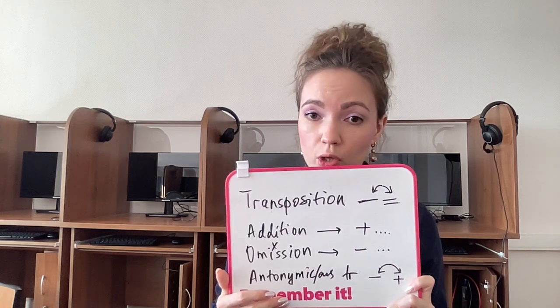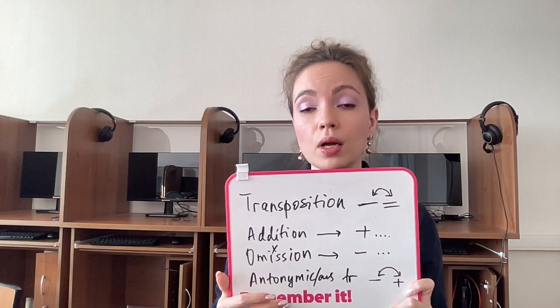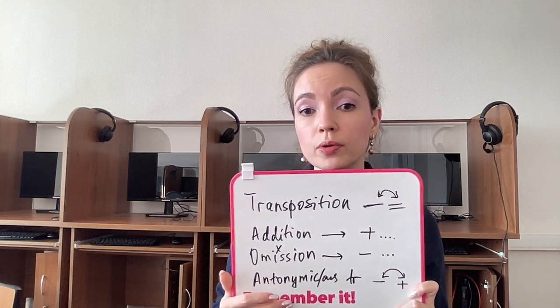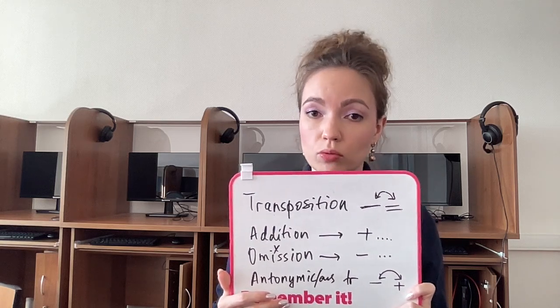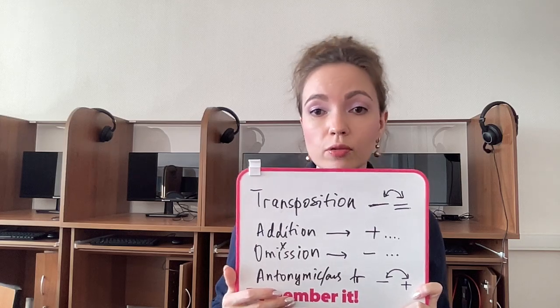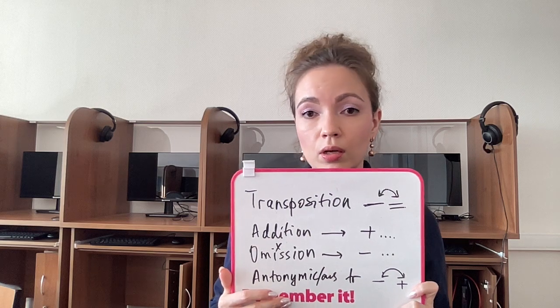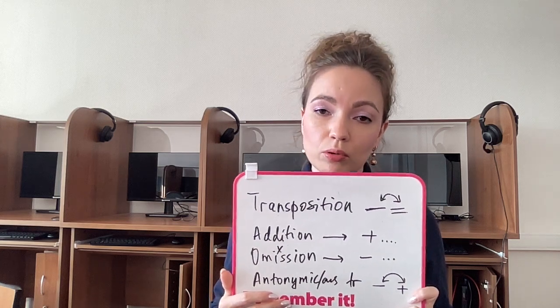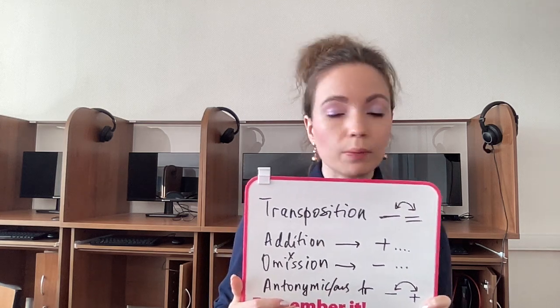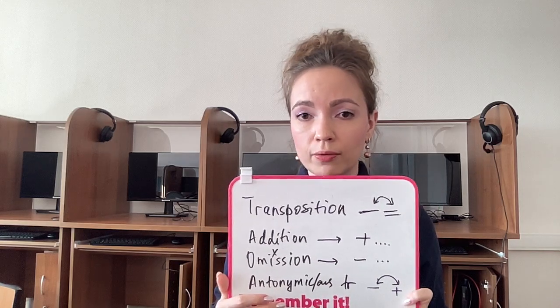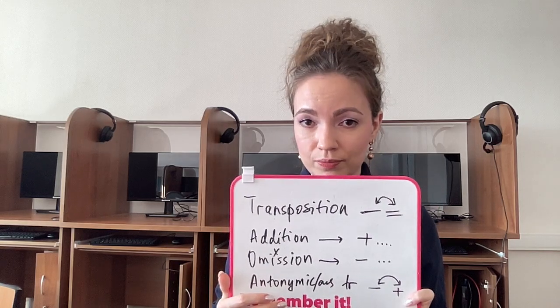Okay, the contrary one is omission, derived from the verb to omit. То есть убрать что-то, да? Just vice versa. Let's say, which one I'm going to give you, just a moment. He is head and shoulders above his friends.